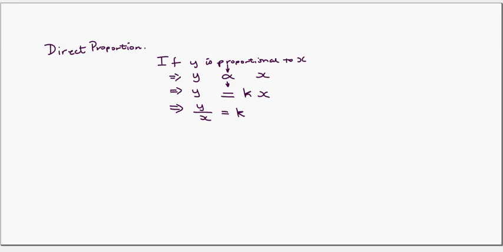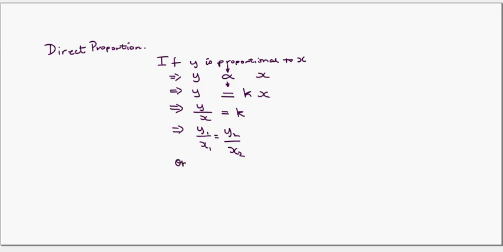If I divide the left hand side by x, it will look like this, y divided by x. And from there, if y over x is equal to k, that implies that y1 over x1 is equal to y2 over x2.